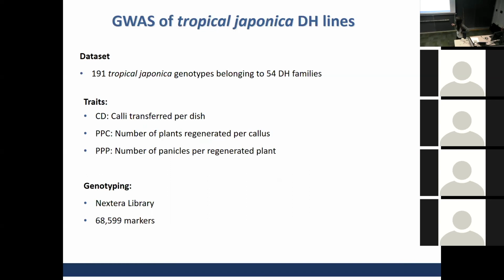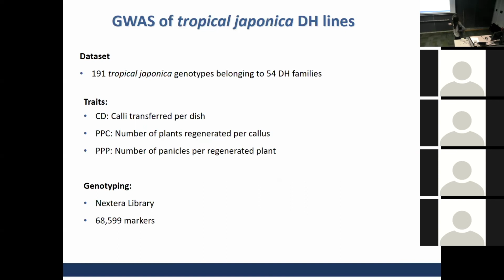The traits were calli transferred per dish, which is a measurement of callus induction; number of plants regenerated per callus, which is a measurement of plant regeneration; and the number of panicles per each regenerated plant. It gives us an idea of the vigor of our plants, because sometimes plants regenerate, and then we transfer them to the greenhouse and they die, or they have very low yield.